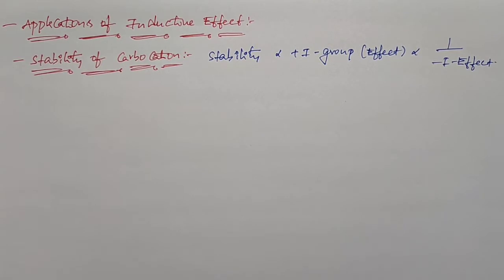Here, the stability of carbocation based on inductive effect can be explained based on the distance between the positive charge and the plus I or minus I group, the number of I groups attached to the carbocation, and the power of the attached I groups, I mean plus I group or minus I group.